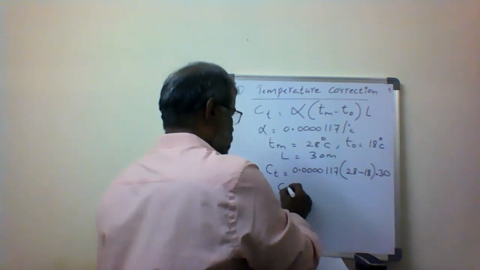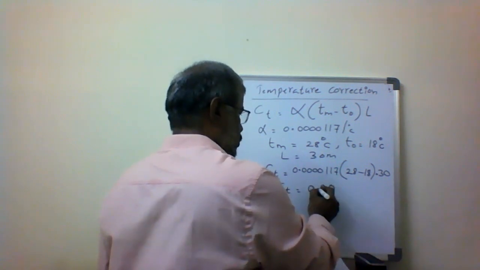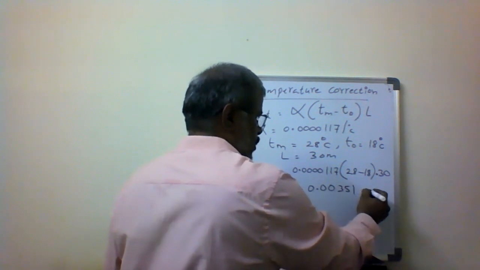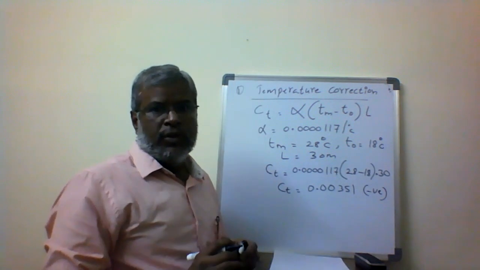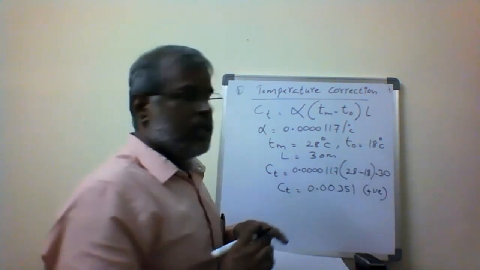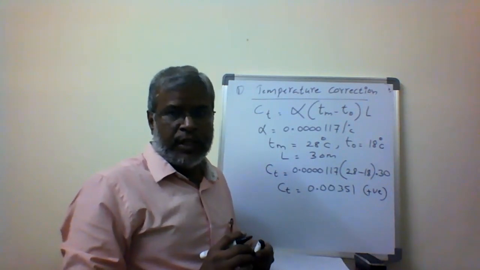So Ct is 0.00351. The temperature correction is positive, because Tm is greater than T0, the standard temperature.